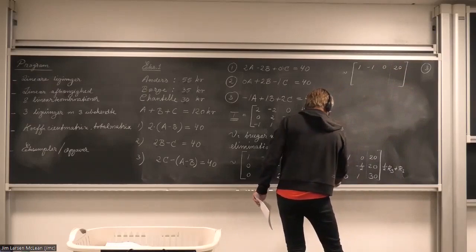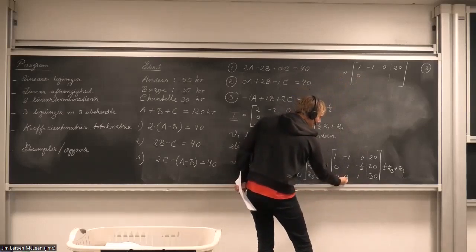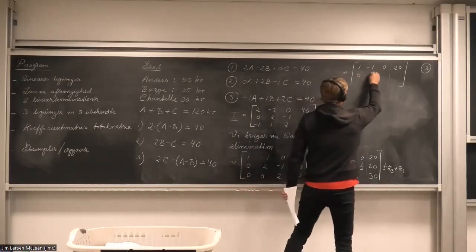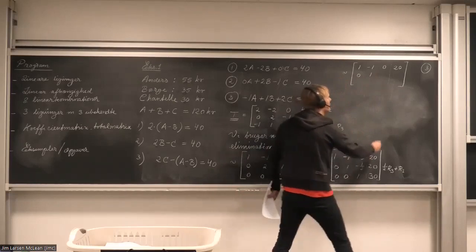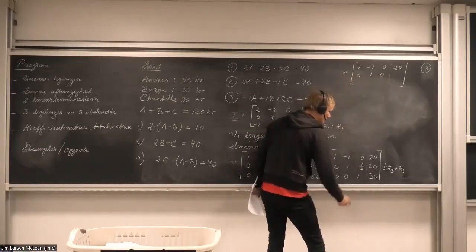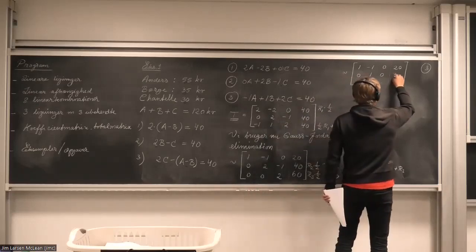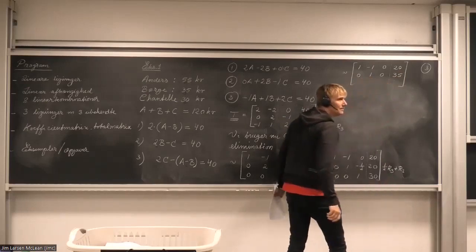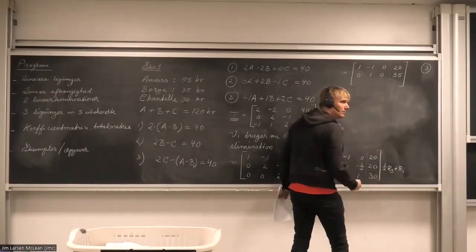Half of 0 is 0, and on top of 0 is still 0. Half of 0 added to 1 is still 1. Half of 1 is 1/2, added to negative 1/2 is 0. Half of 30 is 15 plus 20. It's 35. And down here, nothing has changed, because if something had happened, there would be something written out here.